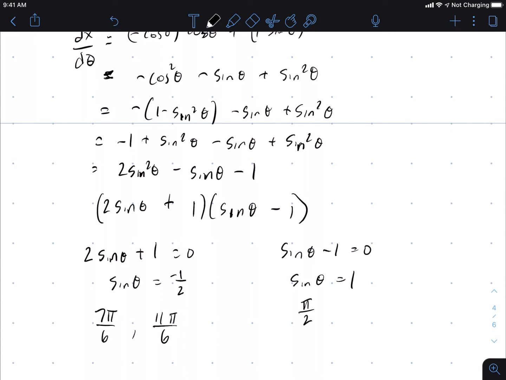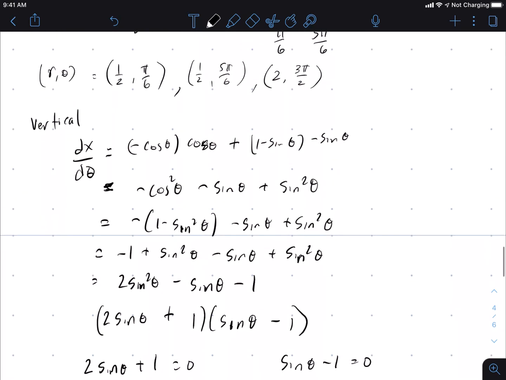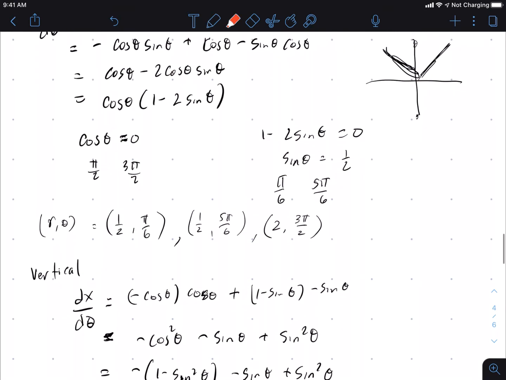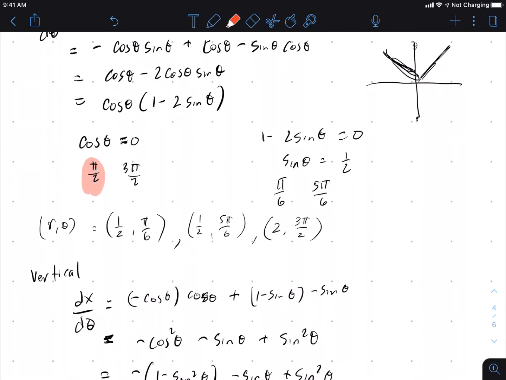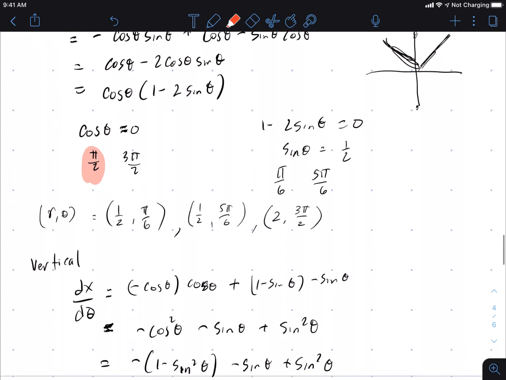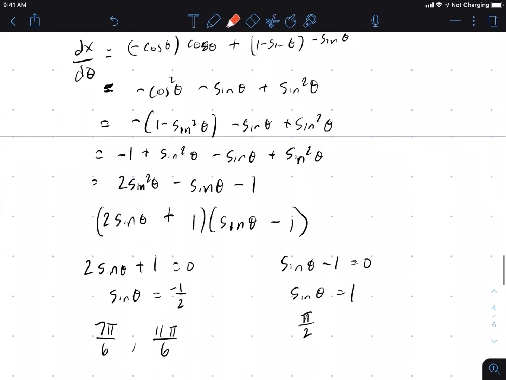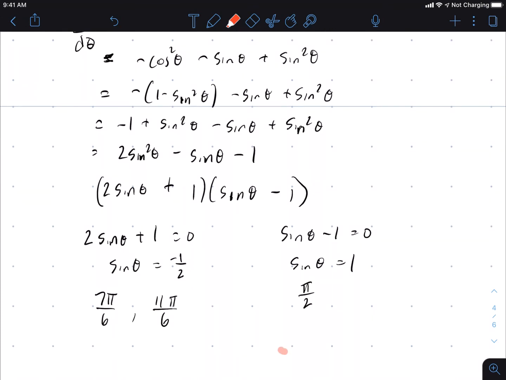Now, no one asked me earlier up here why I neglected pi over 2. The reason I neglected it is because we see that it becomes a vertical issue. Does that make sense? I knew that, but if you didn't know that, you would have plugged in and gotten a number, and then you would have had to double check. So you always want to make sure to double check.